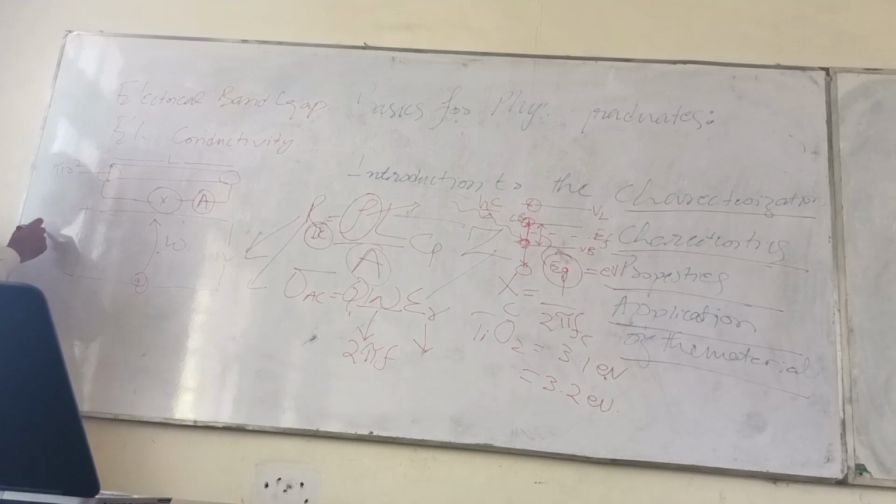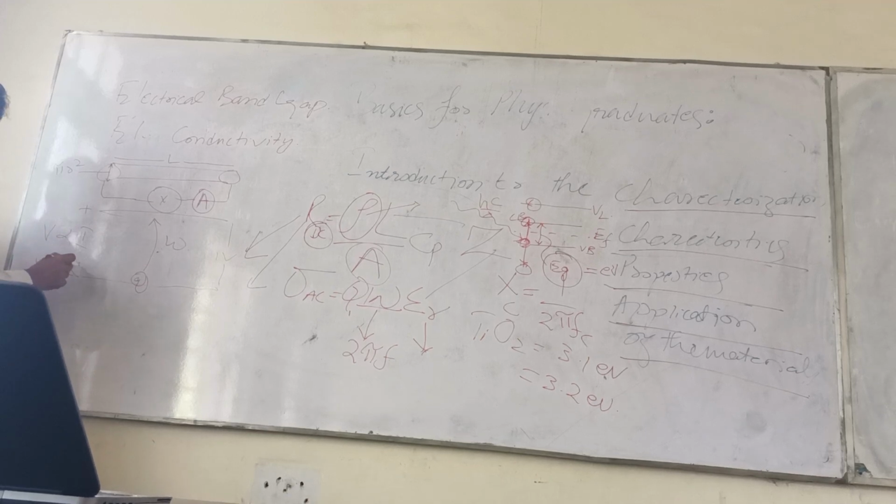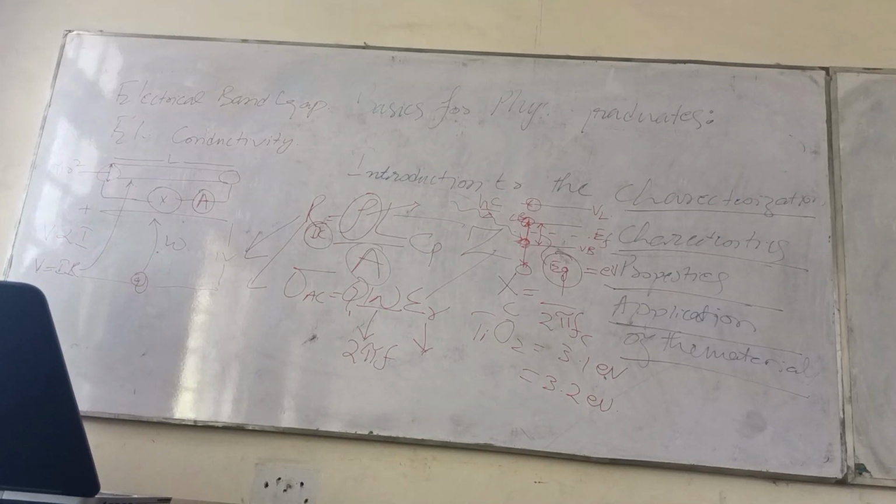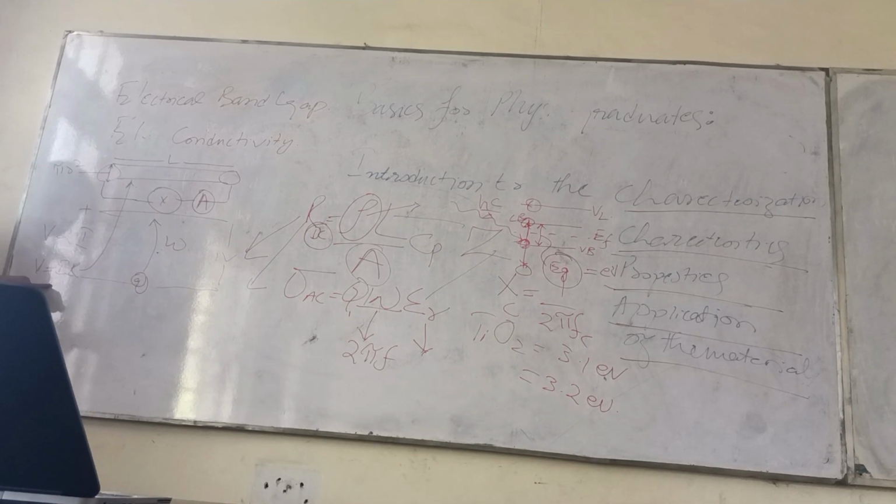And you know the formula V is proportional to I, and you know V is equal to IR, and this formula is only for linear bilateral devices, not for semiconductors. Okay. From here you can easily derive what? Resistance.